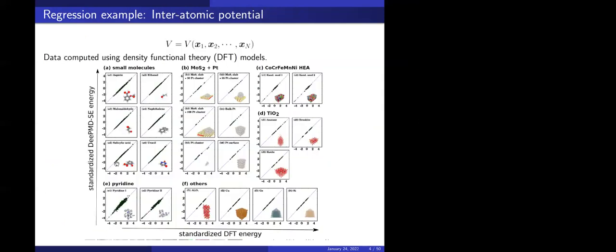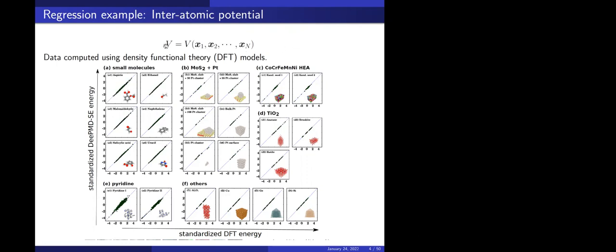As an example of regression, here we try to find the interatomic potential in a material or in a molecule. The atomic potential describes the interaction between atoms and is a function of the positions of all the atoms in the system, either a material or a molecule.